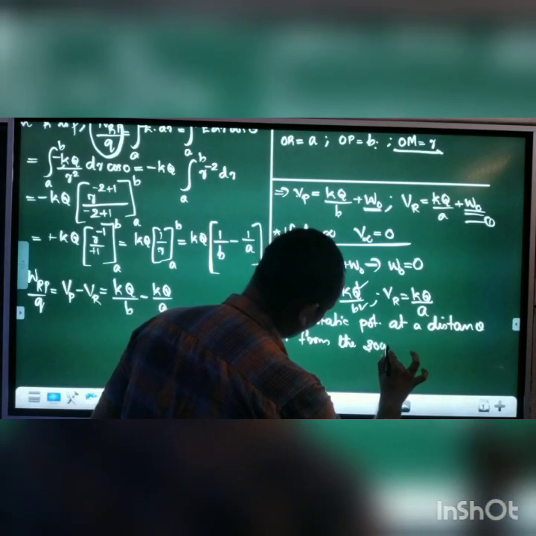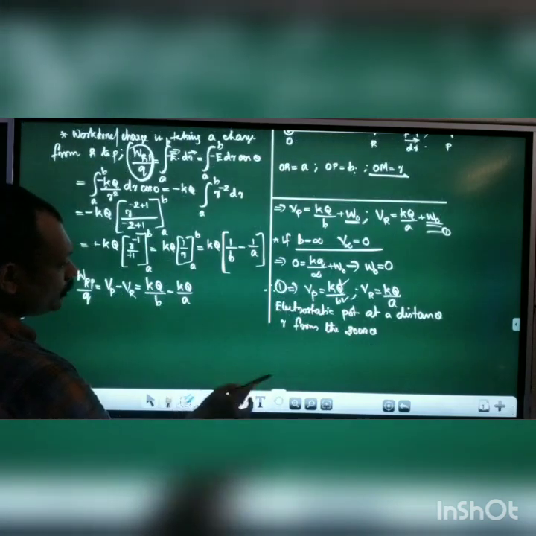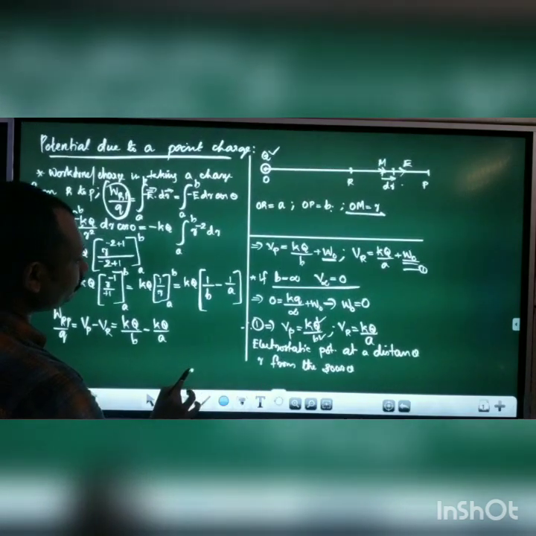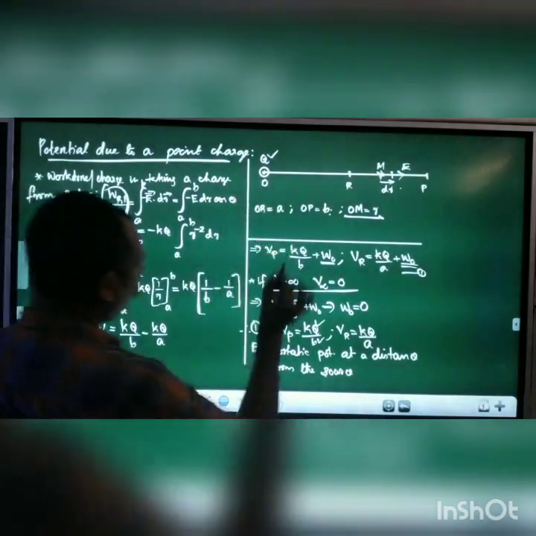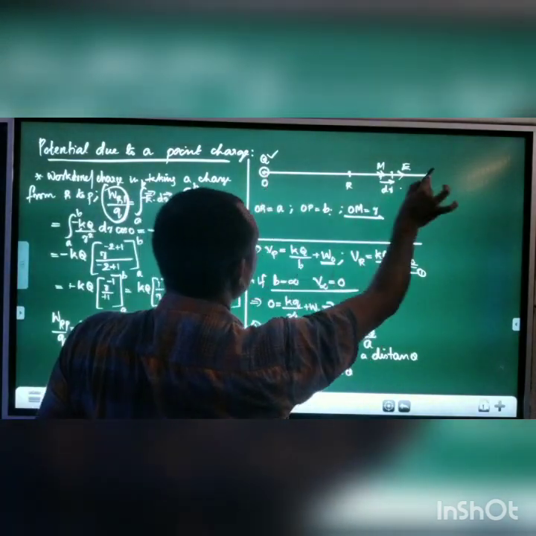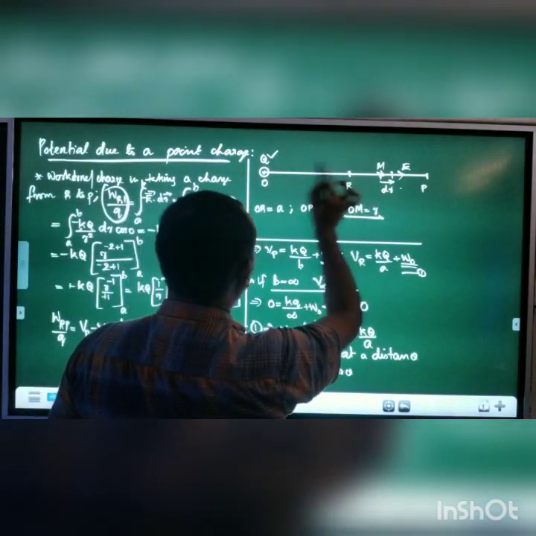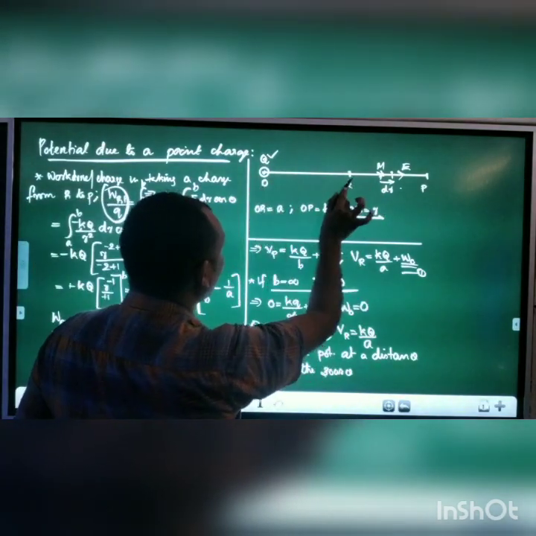What is the value of electrostatic potential at a distance r from the source? Let's just see. Vp is equal to kq by b. B is the distance of the point P from Q. Vr is equal to kq by a, where a is the distance of point R from O.